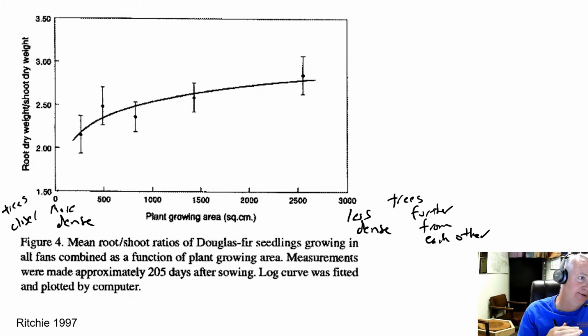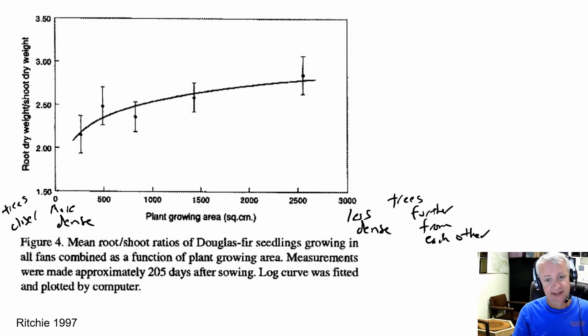So that root to shoot ratio that he's expressing there shows that as seedlings grow closer to each other, they allocate less to root and more to shoot, so that ratio goes down. So trees growing closer to each other shift their allocation towards the shoot.